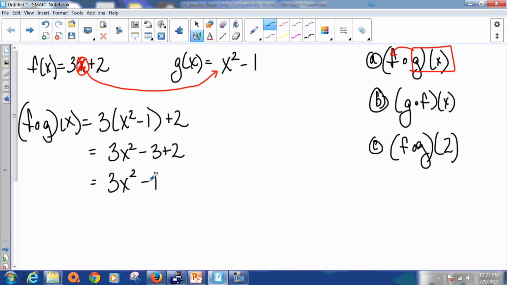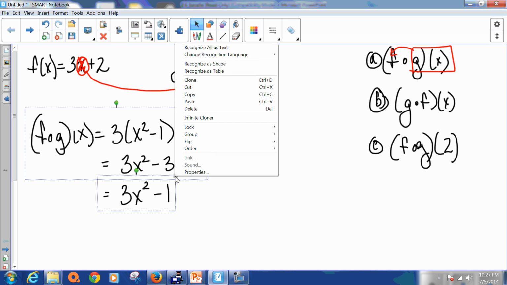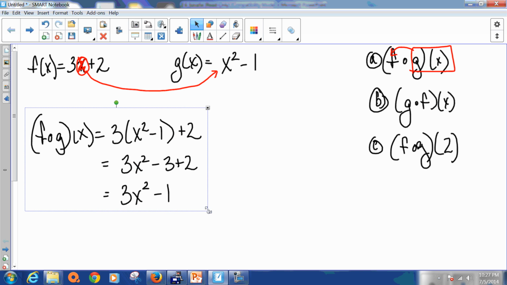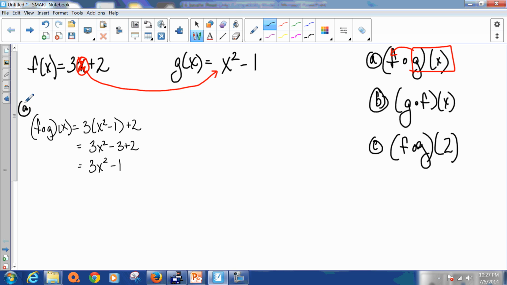Not so bad, right? Going the other way is going to be a little bit more interesting. I have this lovely square, so that's a.